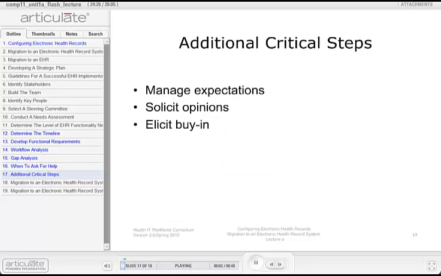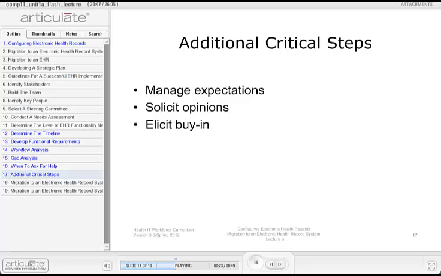There are additional critical steps that foster successful EHR implementation. An organization needs to manage the expectations of personnel, especially clinicians, concerning the capabilities of the EHR. Expectations of return on investment must also be calculated in a realistic fashion.